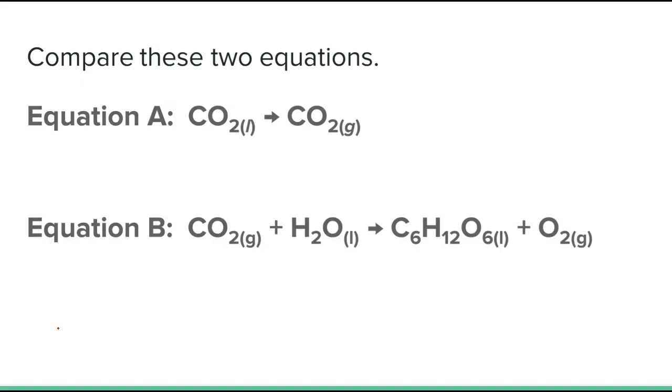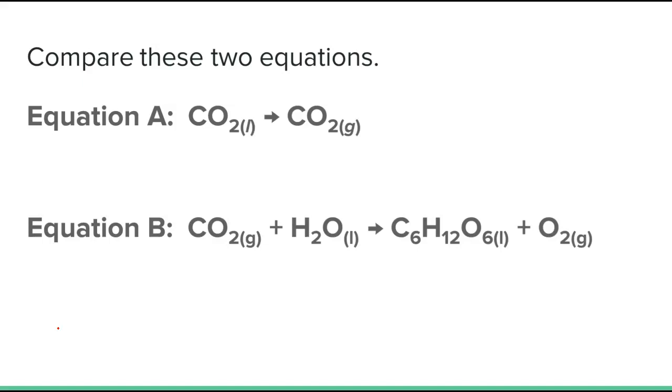So in the first equation, what letters you start with are the same as what you end with, and by end with, I mean at the other side of the arrow. Whereas in equation B, what's on one side of the arrow is differently arranged than on the other side.